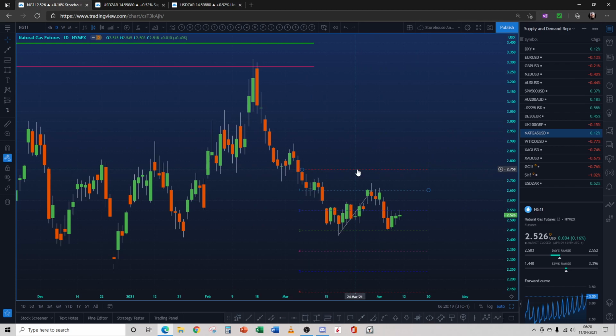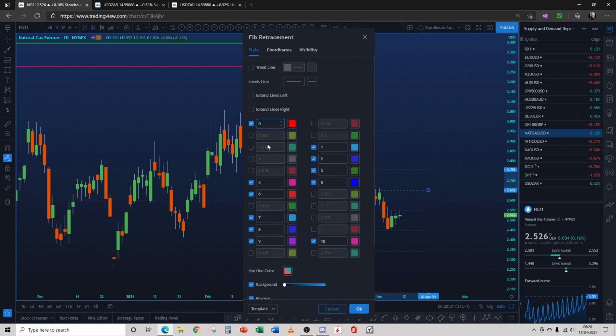Okay, so in modifying this Fibonacci tool, I'll just show you what it contains. You have the 0, you have the 1, and then you just do 2, 3, 4, 5, 6, as many as you want. You can do it for as many boxes as the tool will allow you. I've done it up to 10, for example. Not that I'm looking for zones that have a move away of 10 times the size of the zone, or 9 times, but I could take it off so we don't get bogged down by that.